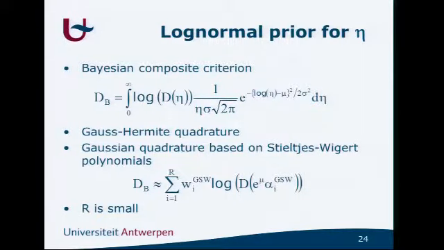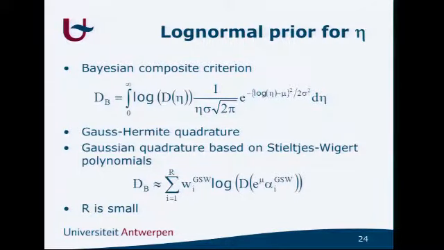What you can see here on the slide is what you have to do if you have a log normal prior distribution on eta. If you have a log normal prior distribution on eta, then our composite criterion looks like this. So we still have the integral from 0 to infinity of the logarithm of our composite criterion, evaluated now over the log normal prior distribution.